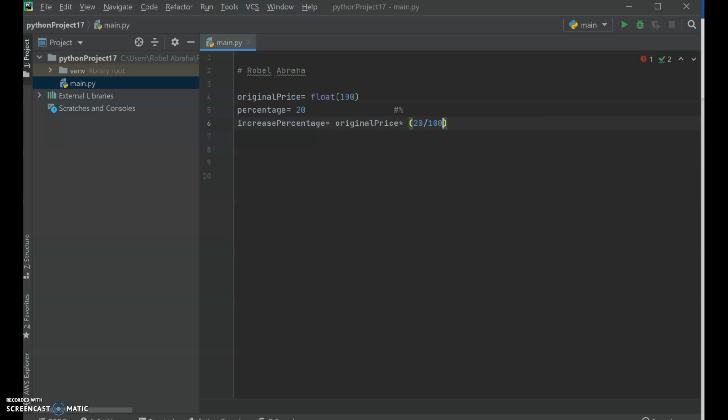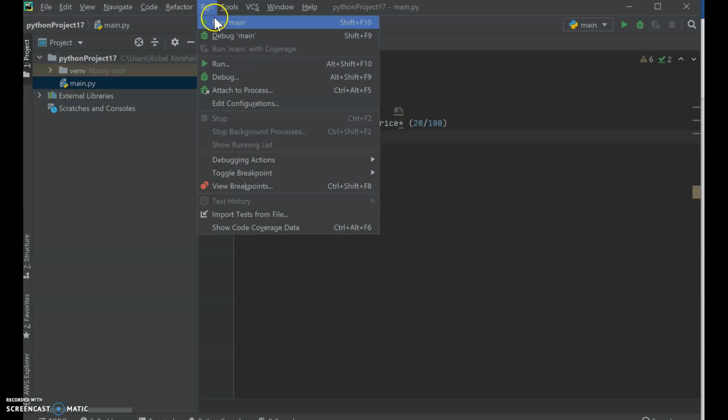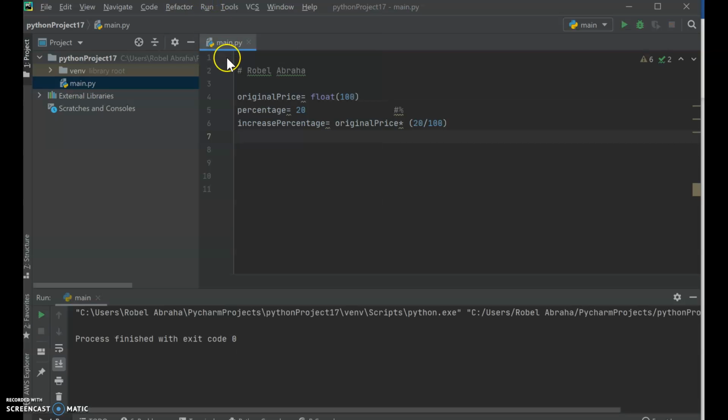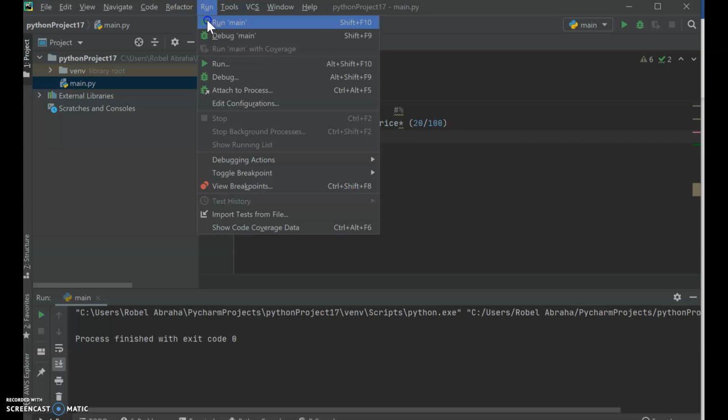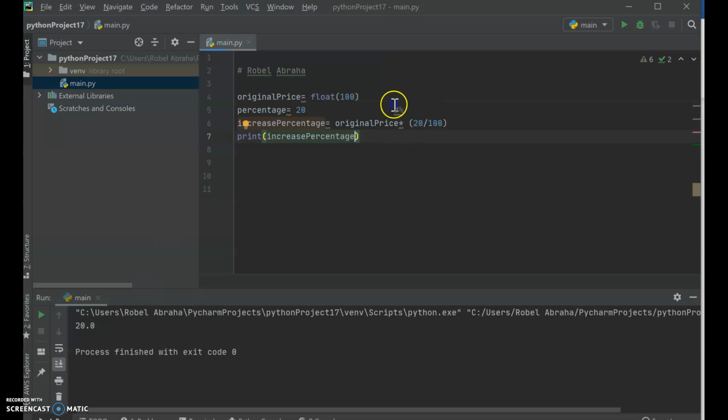If we run our program, it will give us the percentage 20. Let's try it. Oh, we didn't give it output. Print increase percentage. If we run our program, it will give us 20.